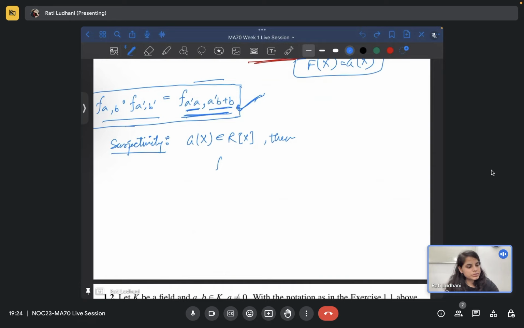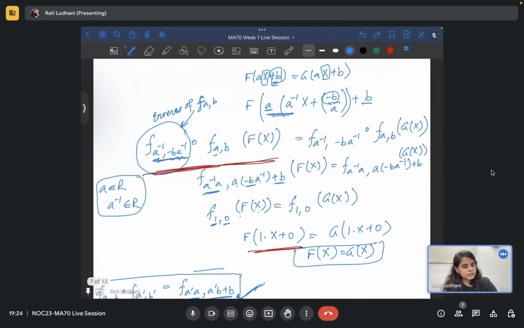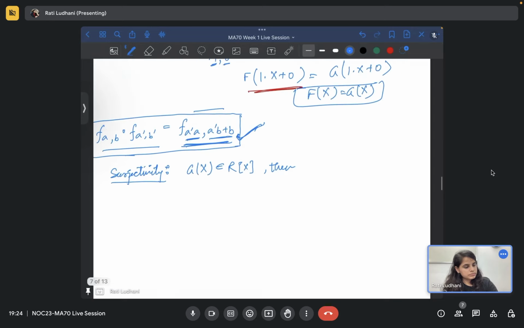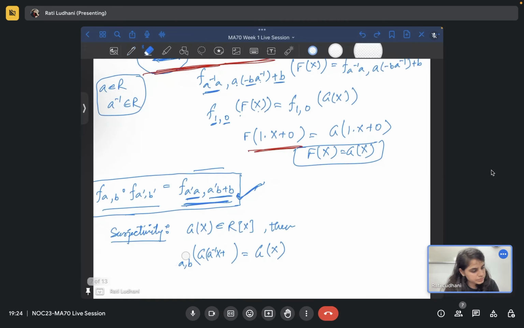So inverse of G(x) means, as I said, the good choice is this element A inverse minus B. So you want F_AB, when you apply on this you get G(x). So what you can choose, you take A inverse x plus A inverse B. I wrote A inverse minus B.